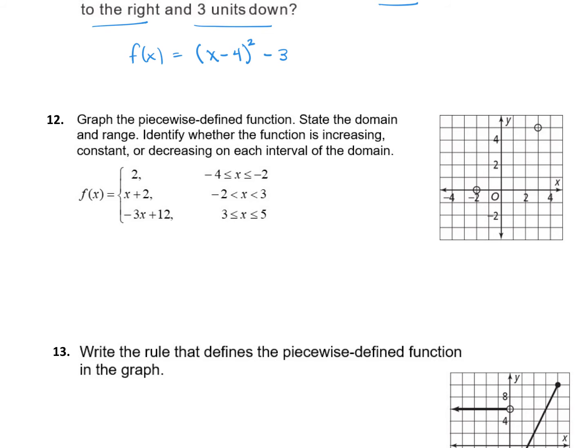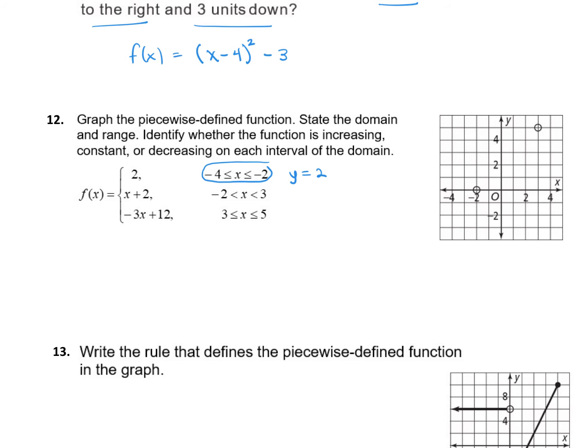If it's just a 2, that's y equals 2. Y equals 2 is just a horizontal line going through the y-axis at 2. So I know I'm going to have this horizontal line right here. Then what I pay attention to is what part of that line do we want? We want that line from -4 to -2 for those x values.